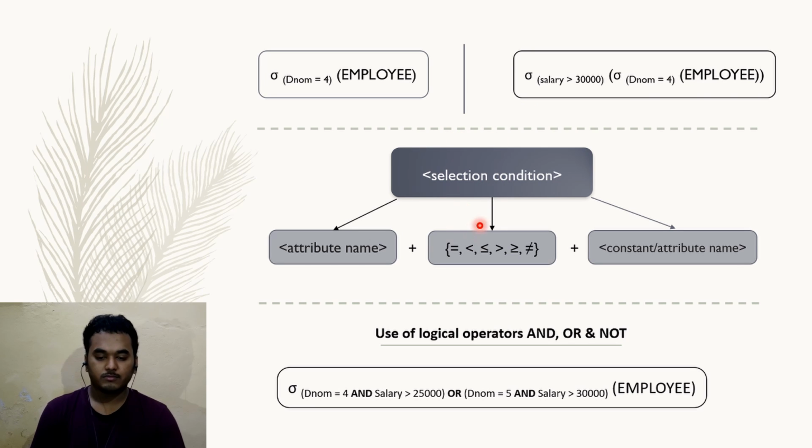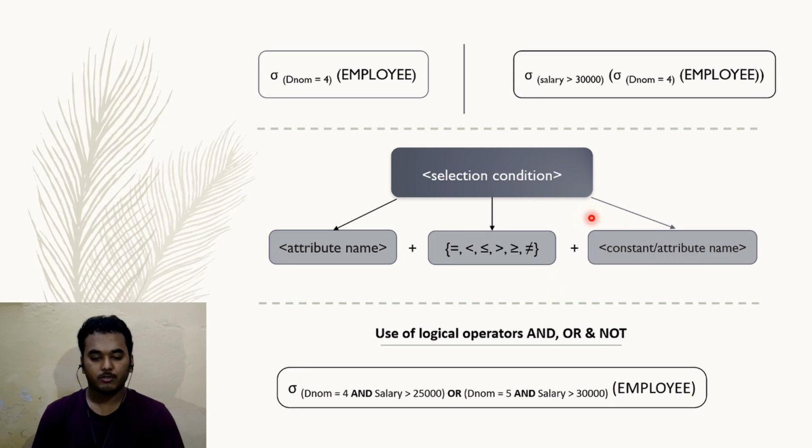Moving on to the select condition. A select condition is actually an agglomeration of these three terms. We have an attribute name, the select operator, that is the comparison operators, then we have a constant and an attribute name. So in a select condition, we perform a comparison between an attribute name and a constant, or an attribute name and another attribute.